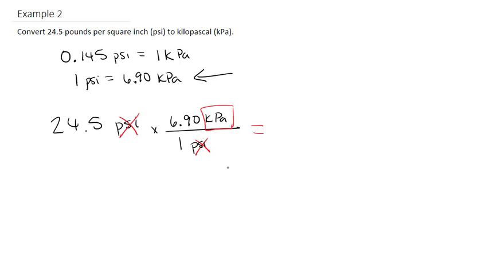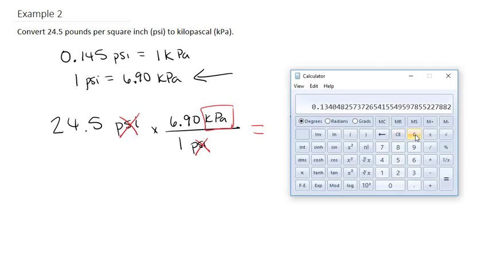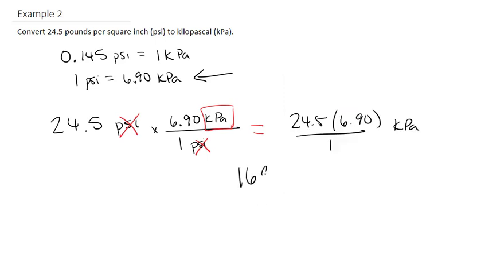Then we're going to multiply 24.5 times 6.90 divided by 1, and we're left with kilopascals. So calculators out, 24.5 times 6.9, and we get 169.05. Because if we divide by 1, it just is equal to itself.